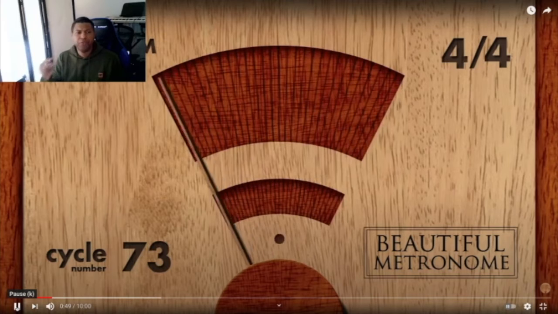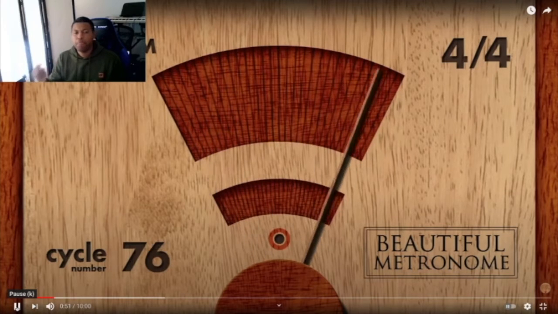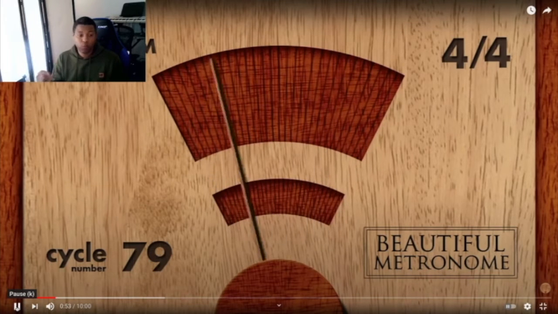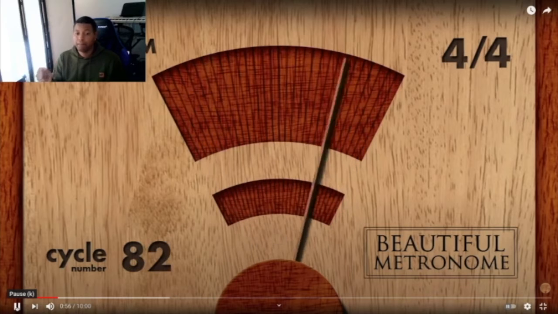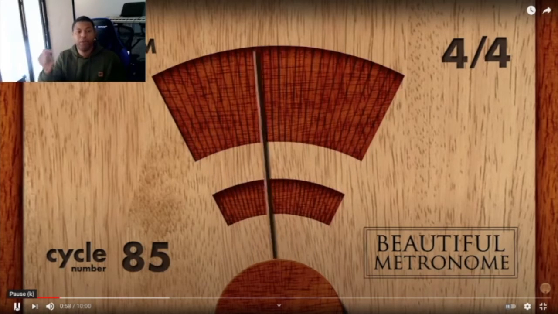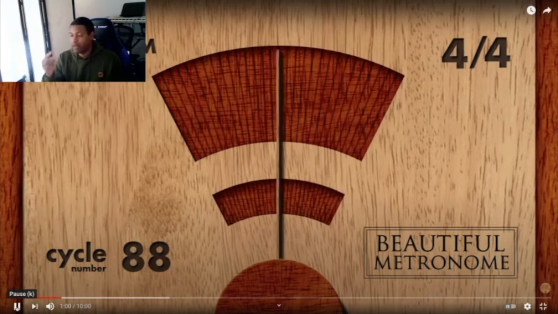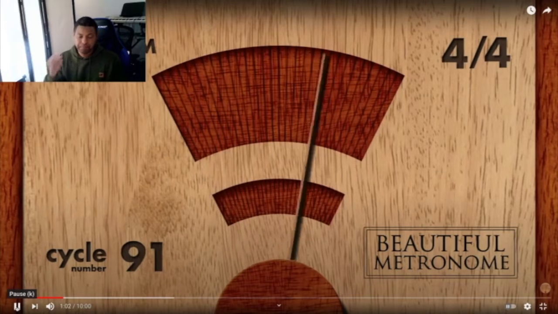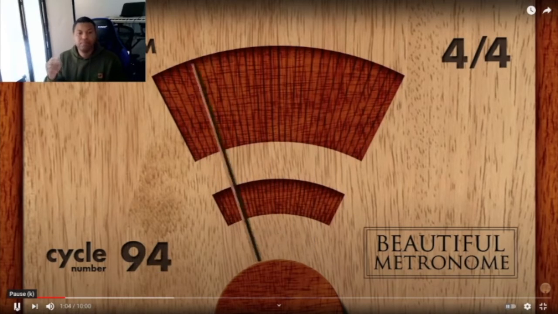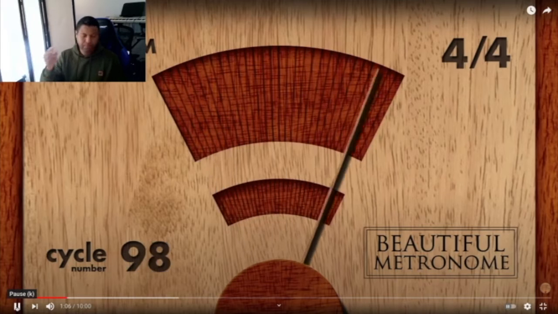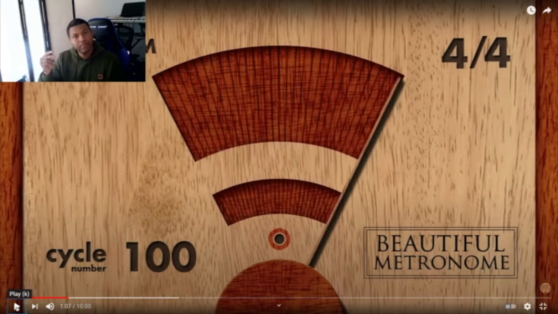I want you to either snap your finger or clap your hand with the metronome. Basically, you're keeping tempo with this metronome. That's something very important.